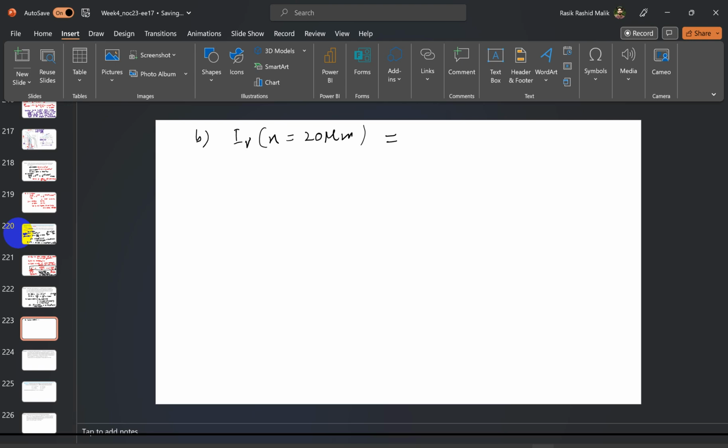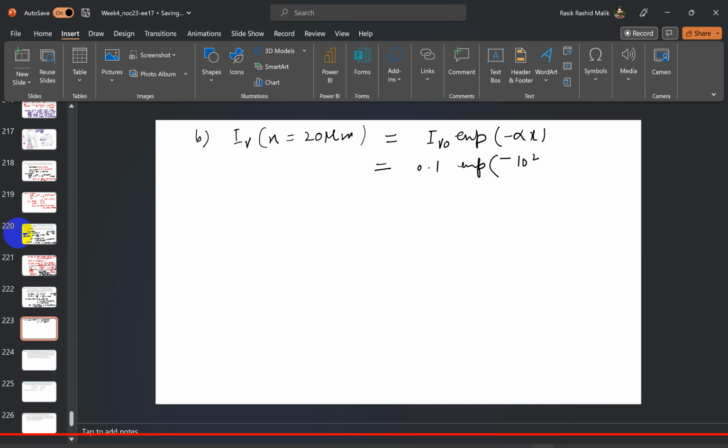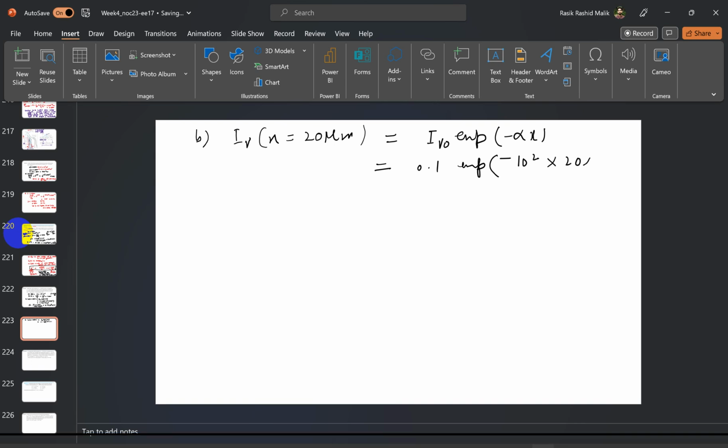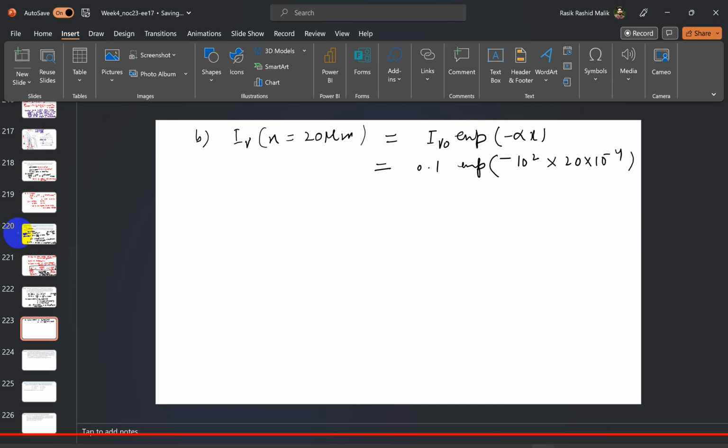So that will be equal to IV at 0 exponential of minus alpha into x. So that is simply 0.1 exponential of minus 10 to the power 2 into 20 micrometer. So 20 into 10 to the power minus 4 centimeter.